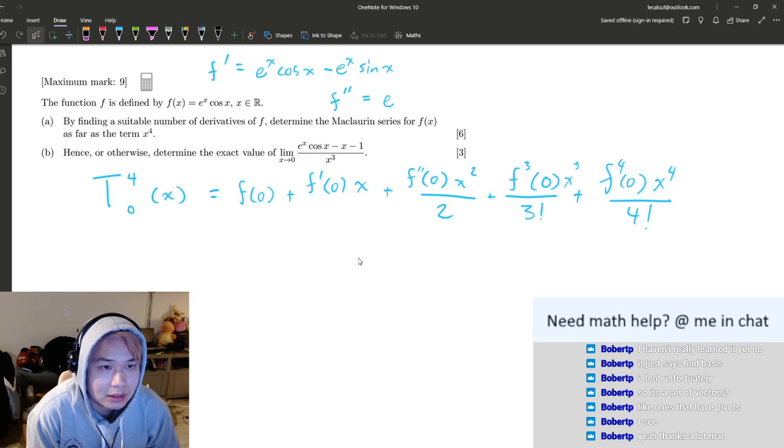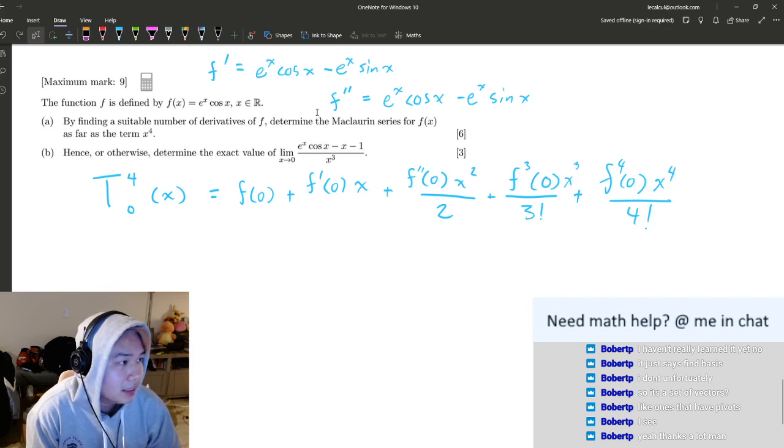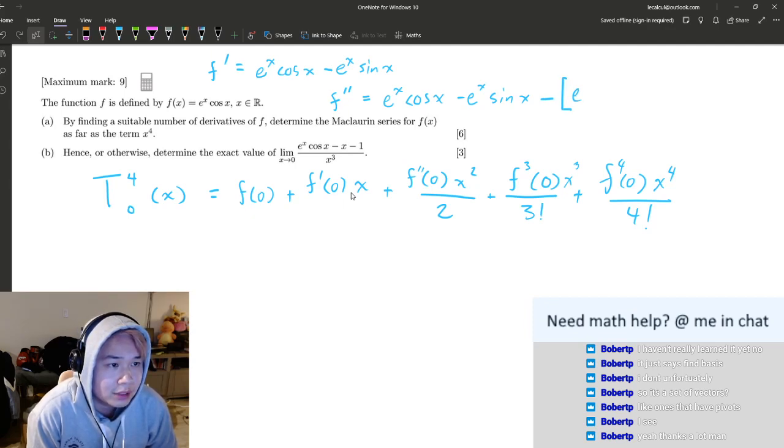So, e to the x cosine x minus e to the x sine x. So that's the derivative of the first term, and then the derivative of the second term, which is e to the x cosine x. Okay, it's not as bad as I thought it would be.